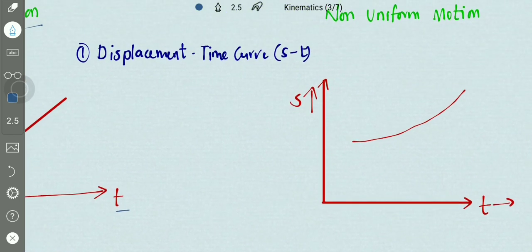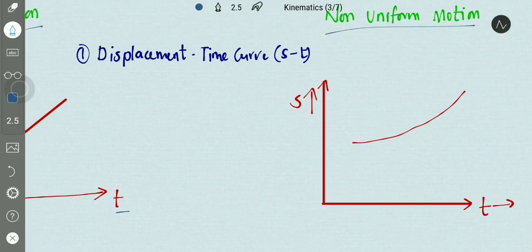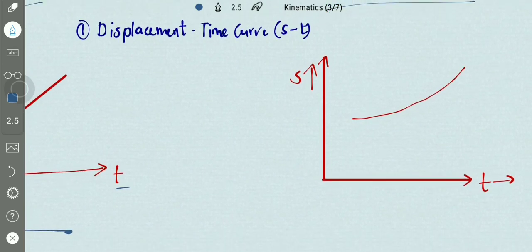In non-uniform motion, the displacement is changing with respect to time. As the velocity is changing with respect to time, the displacement also changes with respect to time.